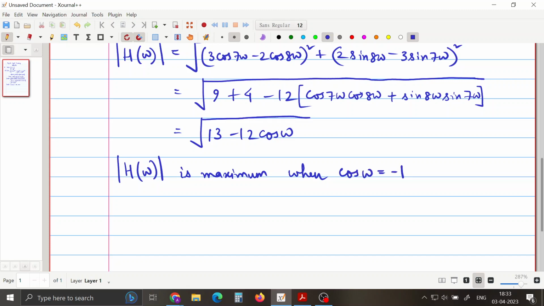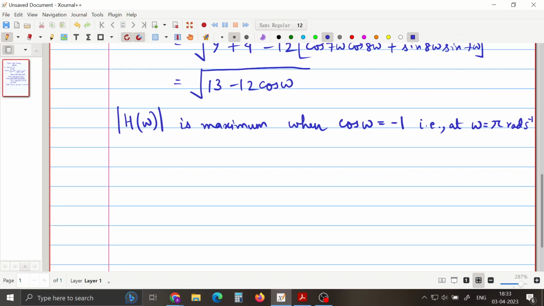Okay, and that happens at omega equals pi, and the unit is radians per second. Okay, so that's it. So this is the answer. So omega equals pi radians per second is the answer. At this frequency, the magnitude is maximum.